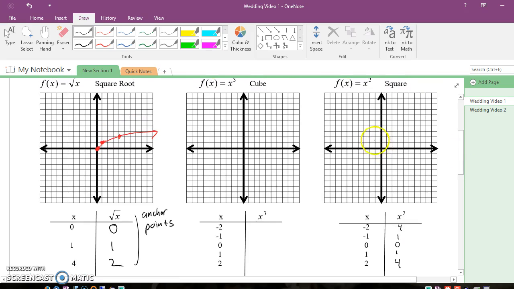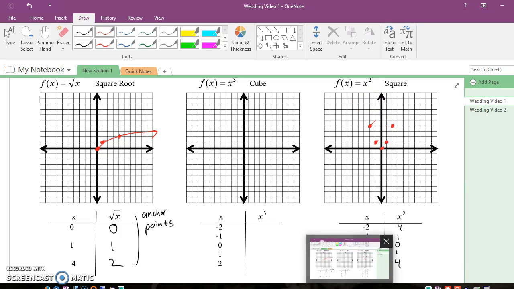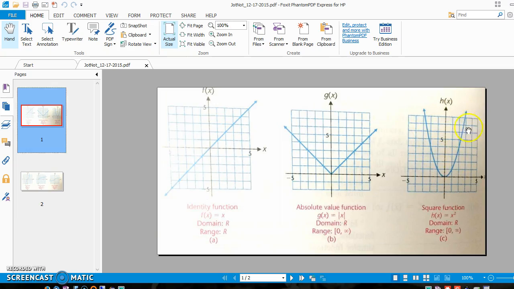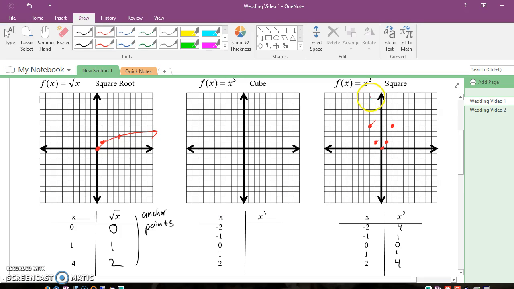Okay, so plotting these out, -2, 4. Let's use red here. -2, 4. -1, 1. 0, 0. There we go. And then looking at the book, we can get kind of an idea of what the shape is. It's a parabola.